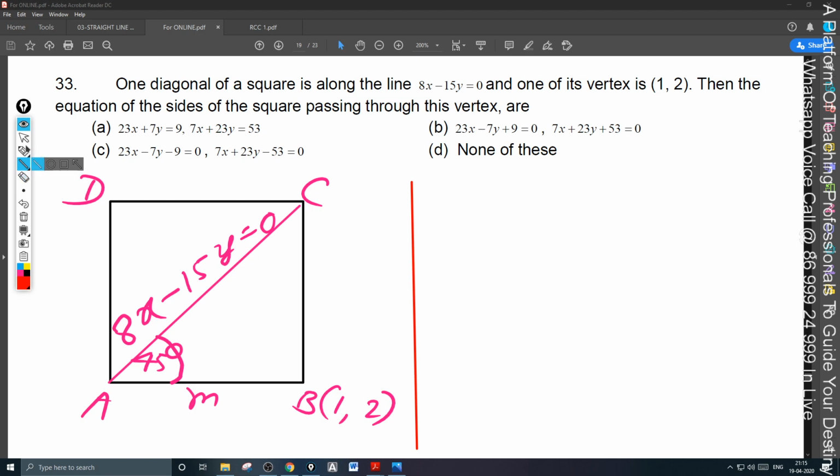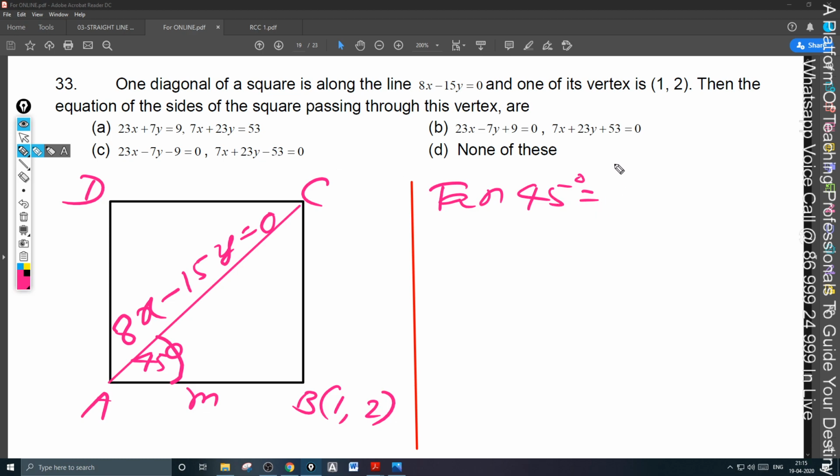That is, modulus of tan 45 is equal to modulus of (m1 minus m2) by (1 plus m1 m2).